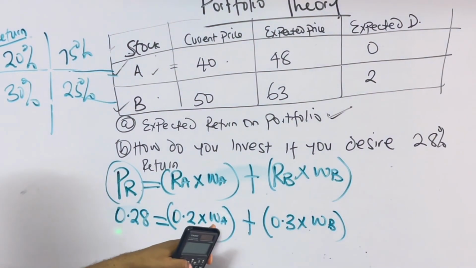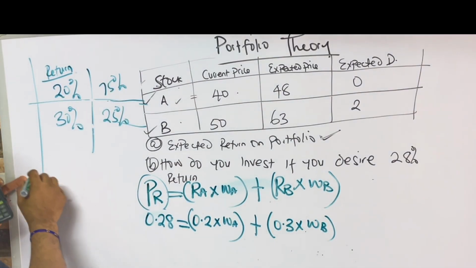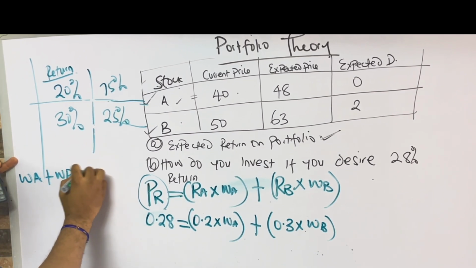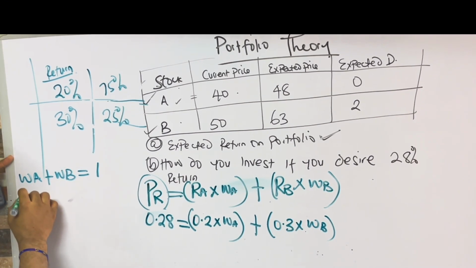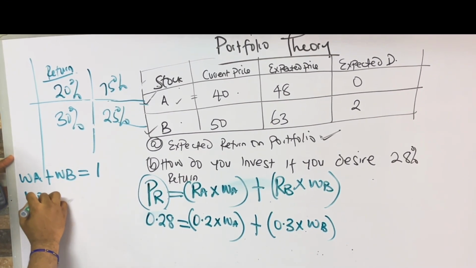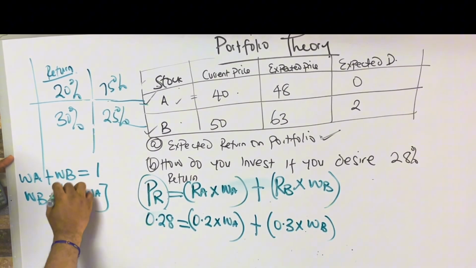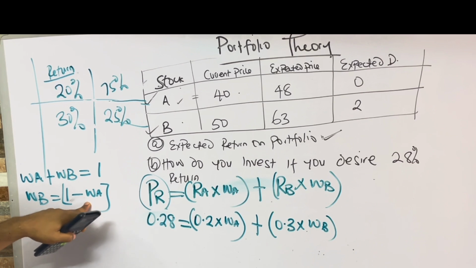So since I have two unknowns, weight of A and weight of B, and I know very well that weight of A plus weight of B must equal 100%, it means that my weight of B will simply be 1 minus my weight of A.